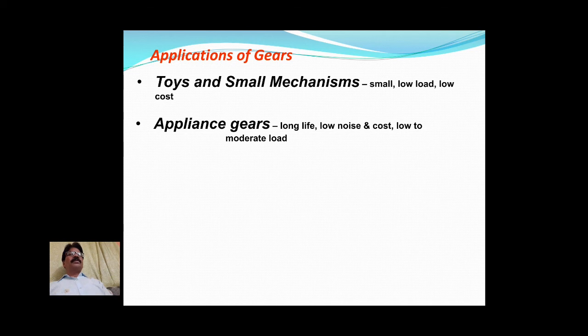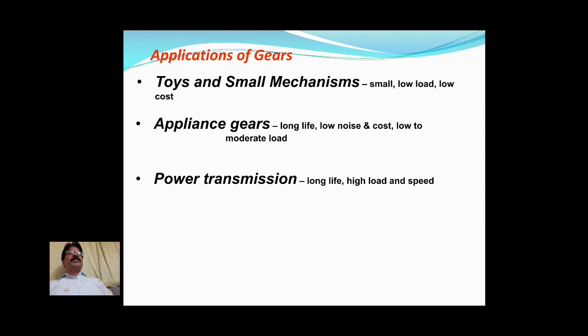Appliances, toys and small mechanisms have small, low load, low cost gears. Appliance gears have long life, low noise and cost, and low to moderate load. For appliance gears, you can see the example of a washing machine. Over here the drum is rotated by using gears.